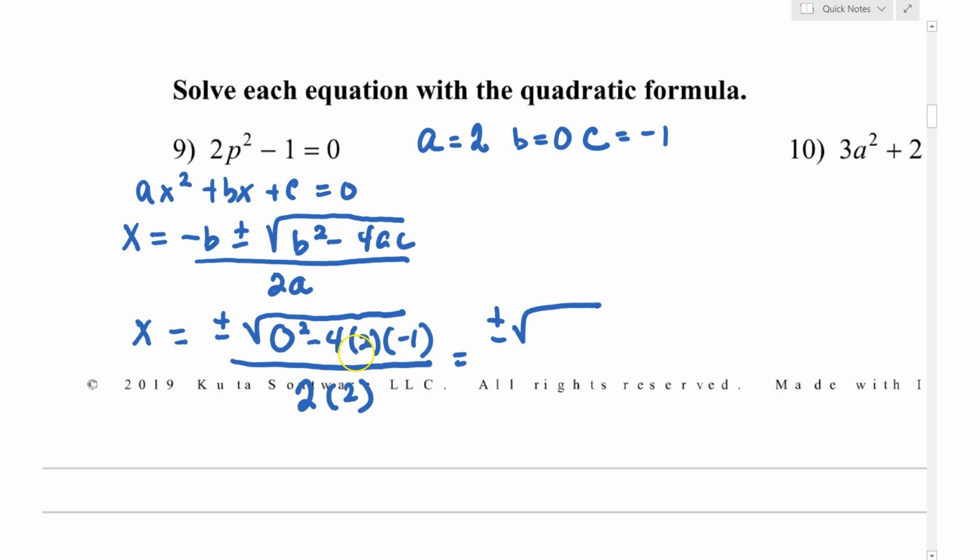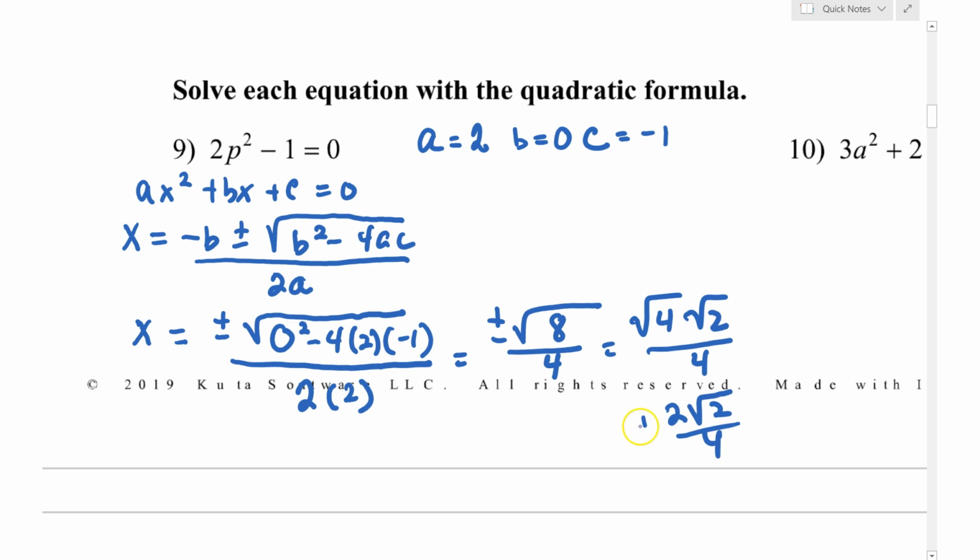Negative 4 times 2 is negative 8. Negative 8 times negative 1 is 8. 8 over 4. We know that the square root of 8 is the same thing as saying square root of 4 times square root of 2 divided by 4. So you have 2 times the square root of 2 over 4. That's plus or minus. So that simplifies to plus or minus square root of 2 over 2.